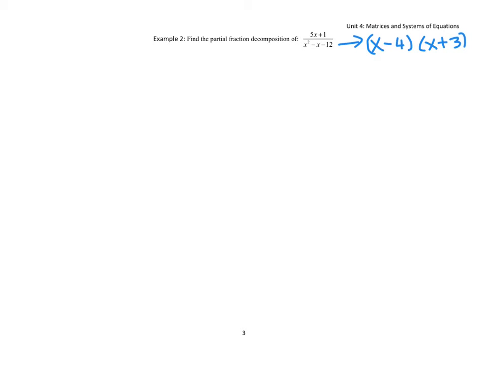So now I'm going to write my equation. This is 5x plus 1 over x squared minus x minus 12 is equal to a over x minus 4, and if you did x plus 3 first, it doesn't matter, and then b over x plus 3.